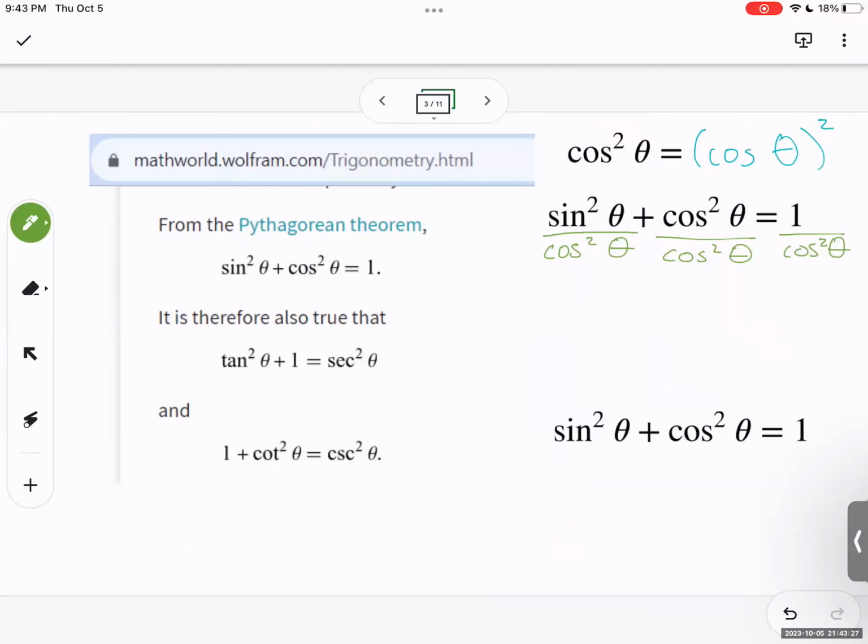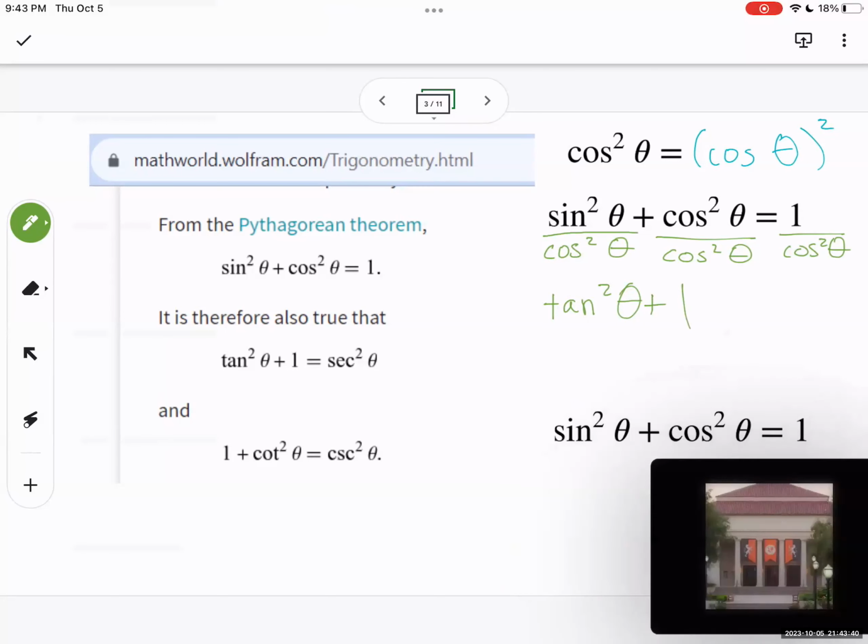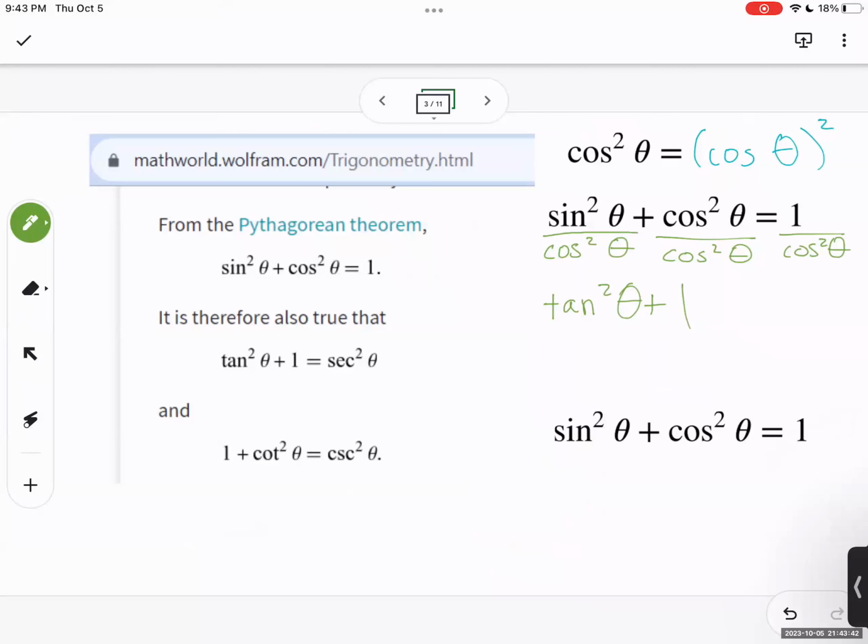Sine theta over cosine theta is tangent, so this is tan squared theta. Cosine squared theta divided by cosine squared theta is just 1. And 1 over cosine squared theta is secant squared theta.